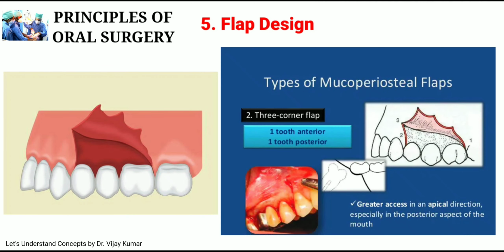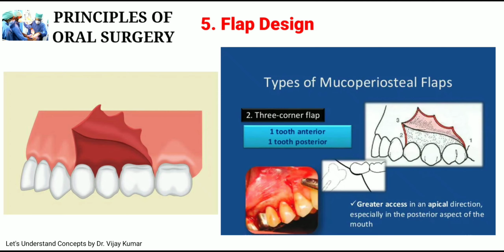Coming to the second flap, which is the three corner flap or triangular flap. In this you will see a vertical release incision, right? Can you see the anterior vertical releasing incision and half envelope flap? It behaves as a combination of an envelope flap and a single vertical release incision.